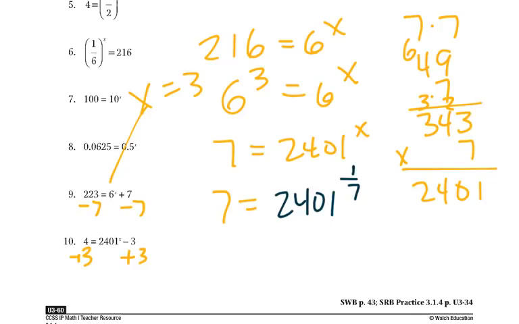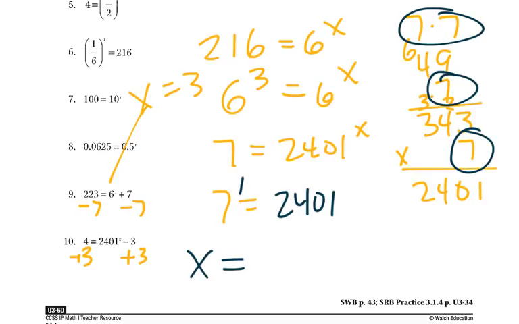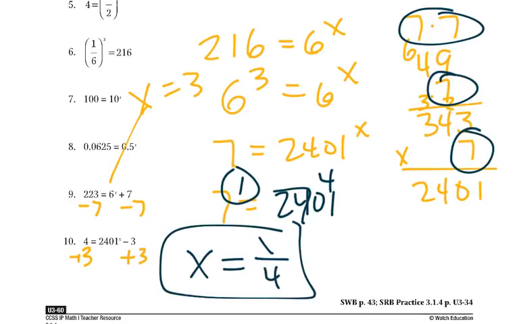That's a weird one. I want to say x should equal 1 over 7. Or not, because we did 2, 3, 4. That would be 7 to the 4th. And so 7 equals 7 to the 4th. The only way that would work to take it back to 1 is if x were 1 over 4.